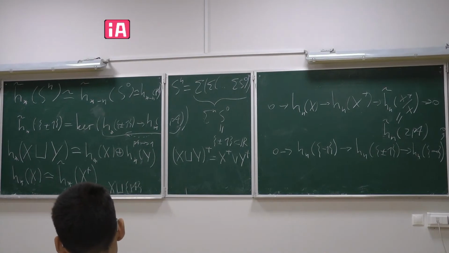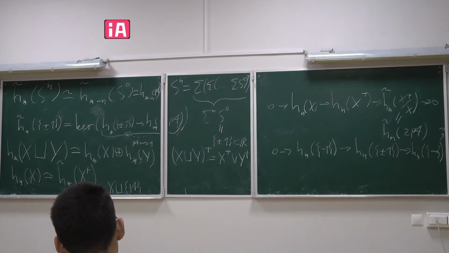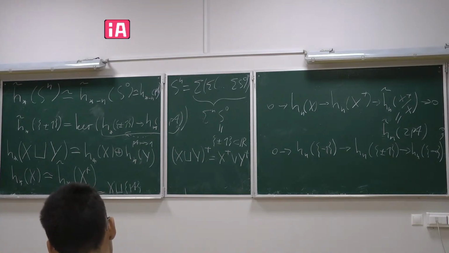Zero. Yes. Well, it's a terminal object of what? Oh, wait, so empty space should be. Wait, is an empty space? No. The 1-point space is terminal, and the empty space is initial. Initial, right? Thank you. So the homology of the empty space should also be an initial object, shouldn't it?